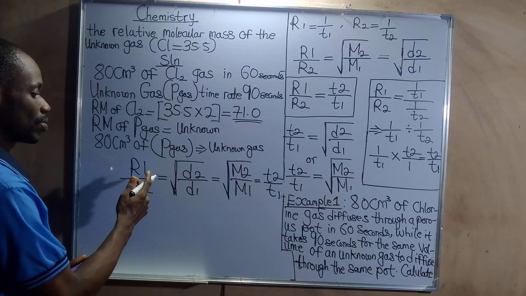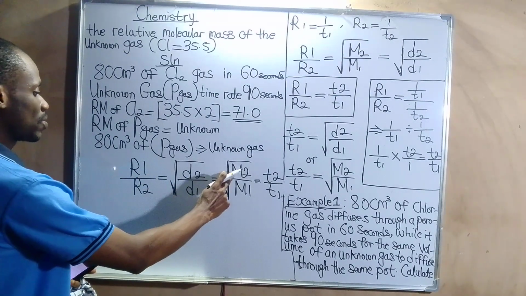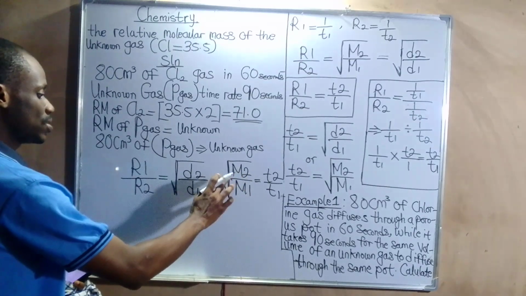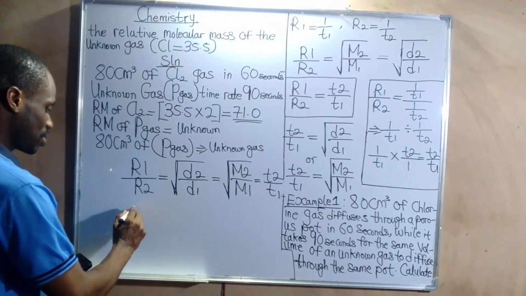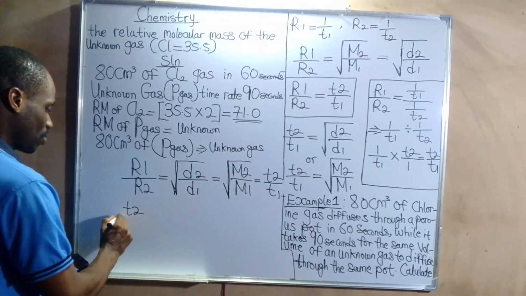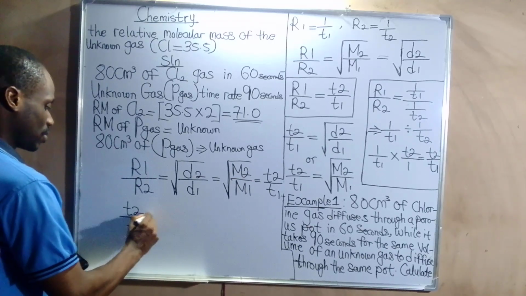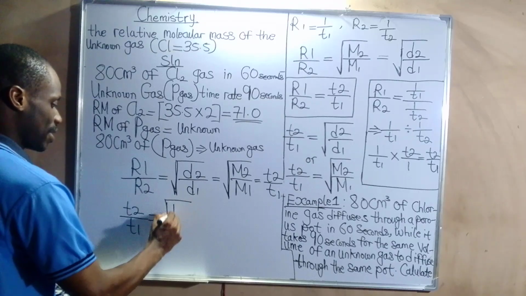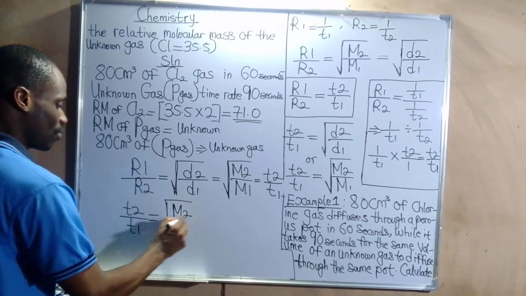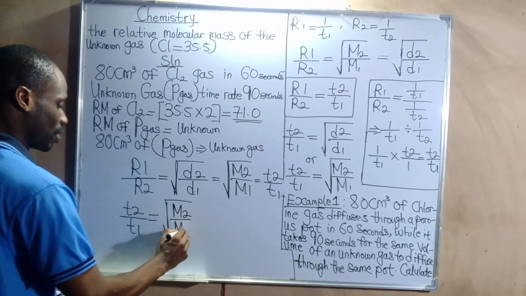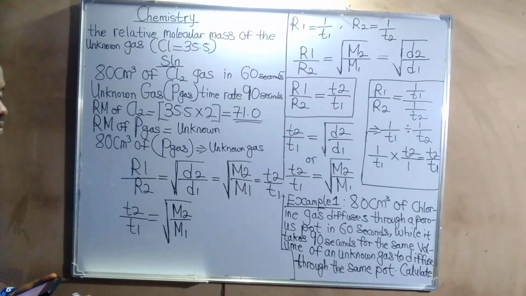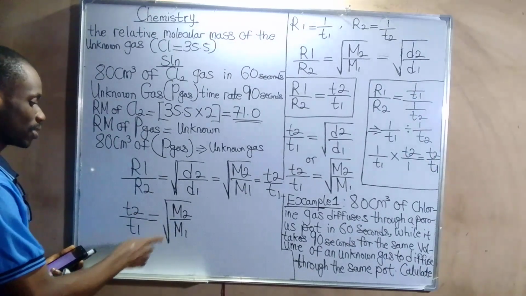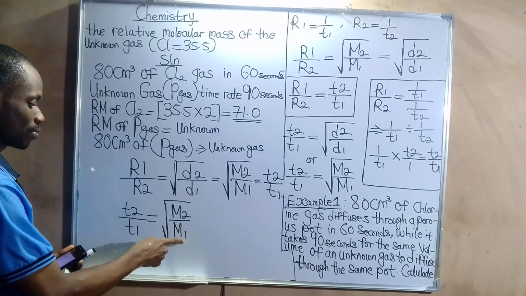So now we are given rates, molecular mass, and time. So we use T2 over T1 is equal to the square root of M2 over M1. So that's what we were given: time, T2, T1, M2, M1.